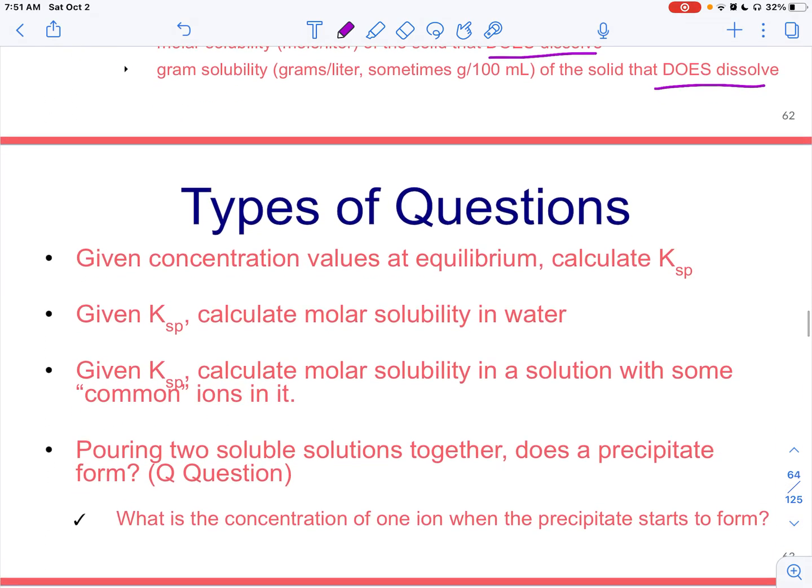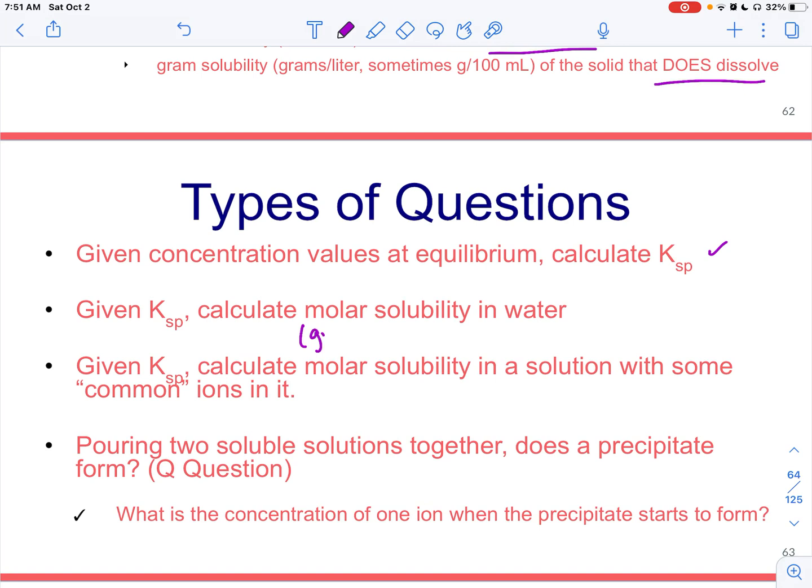So these are the types of questions that we will be going over in the Ksp topic. We already did the first type of question. We're going to do a couple more of those. We're also going to talk about molar solubility and gram solubility. We can do them both here because you can just convert moles to grams to figure out the gram solubility.